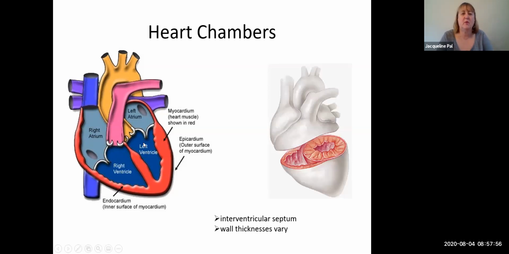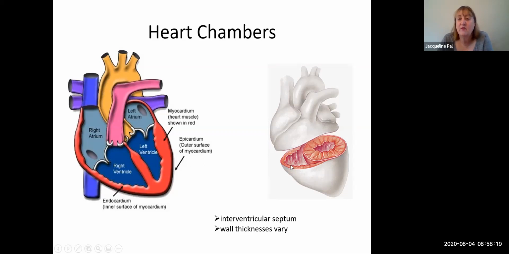So I also want to point out that there's muscle that separates the two ventricles, and this is called the interventricular septum. And although it's noticeable on this drawing to the left, when you look at the drawing to the right, it becomes super noticeable that the thickness of the two ventricles is totally different.